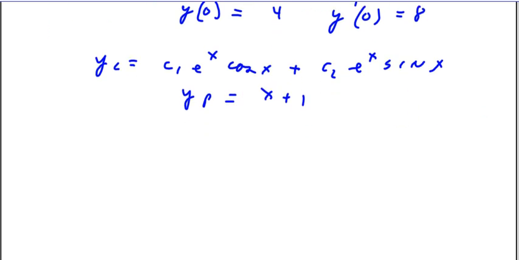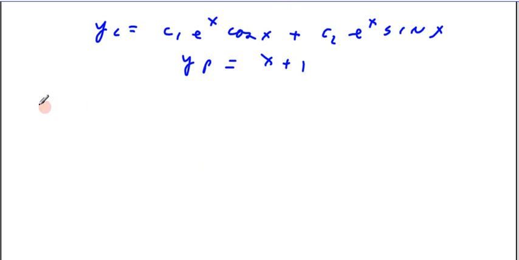Isn't that lovely? So for our final answer, well, not the final answer, before initial conditions, so we won't put that down.